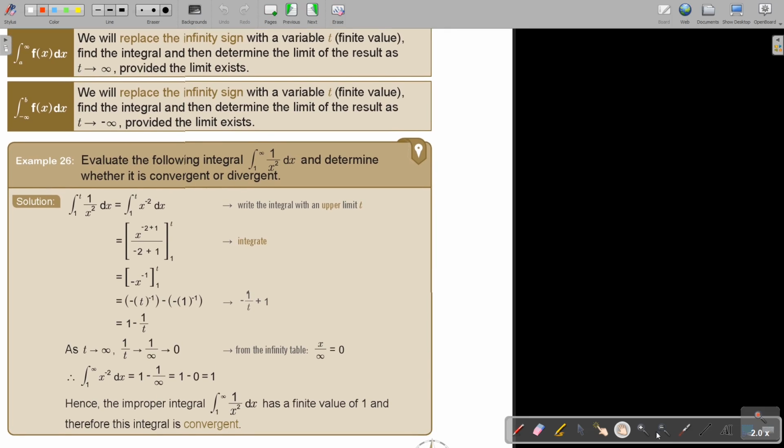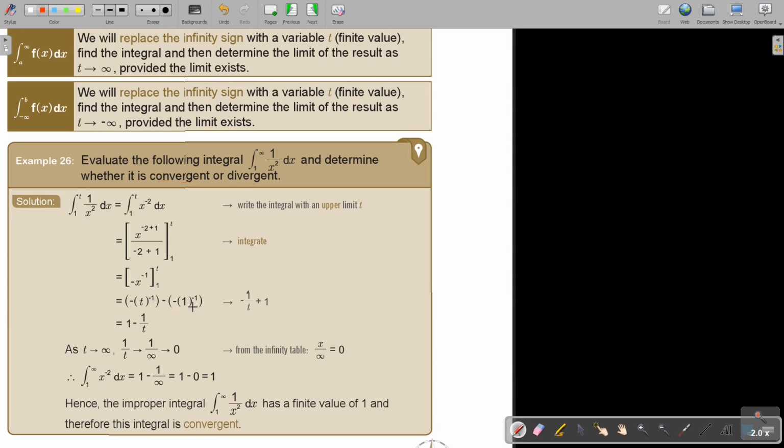Okay, evaluate the following, and determine whether it's convergent or divergent. Okay. Remember what I said? First, write the integral with an upper limit t. In the place of the infinite sign, just go and put a t, the variable t. Now just do the integration, exactly, and then substitute.